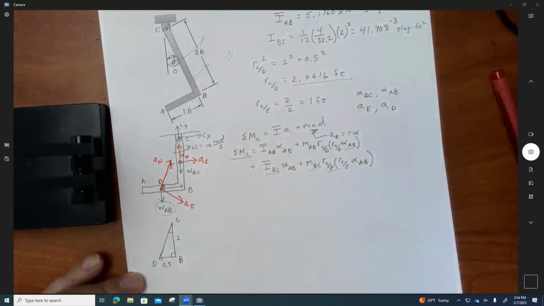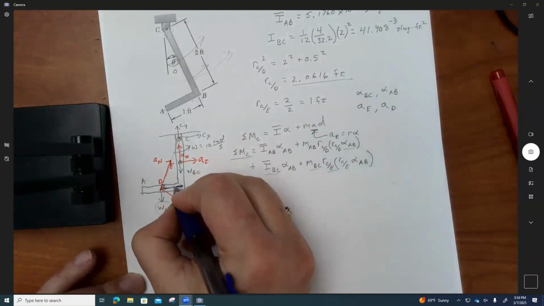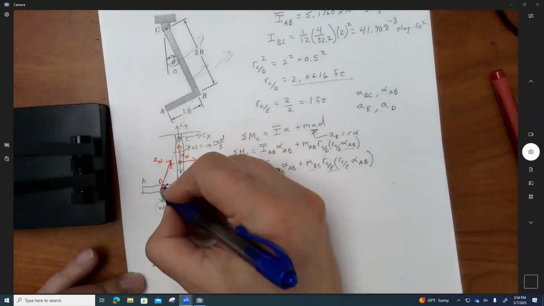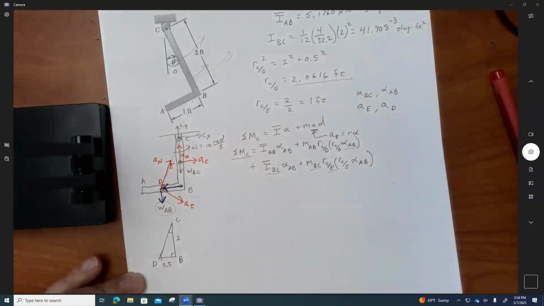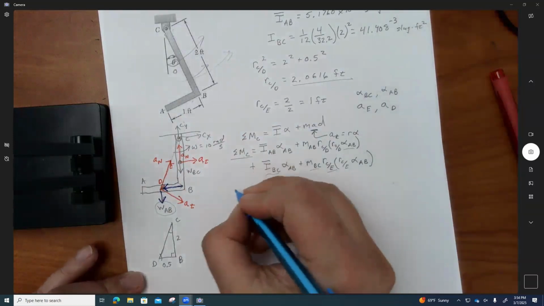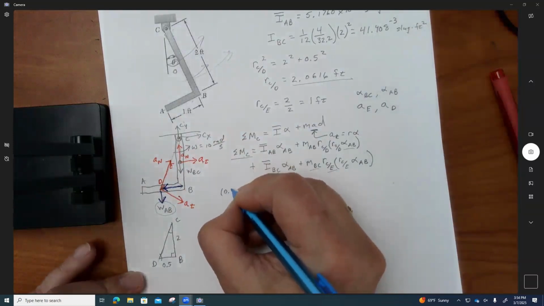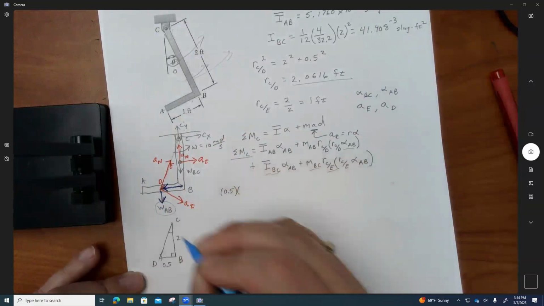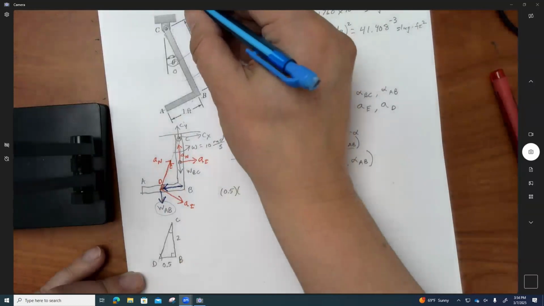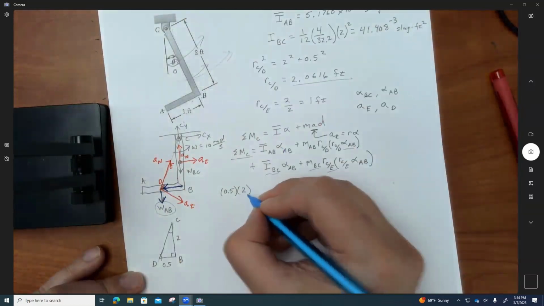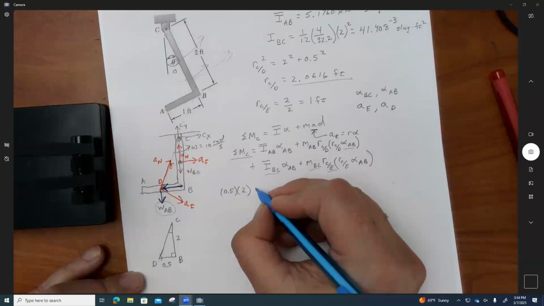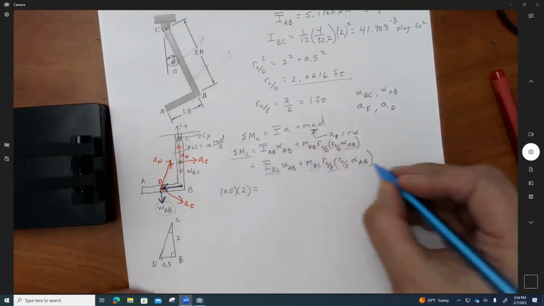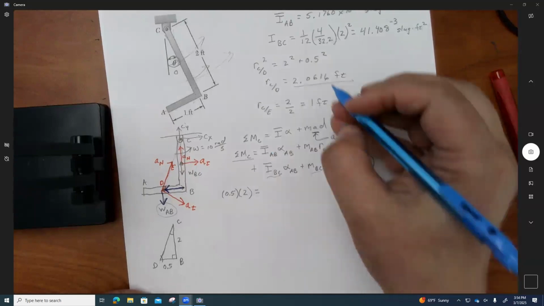So we are doing a cross product right here. C to the line of action for the weight. That is 0.5 multiplied by weight AB, and that's 2. That's the only thing that relates to the statics part of the problem. Now let's plug in the whole right side of the equation.